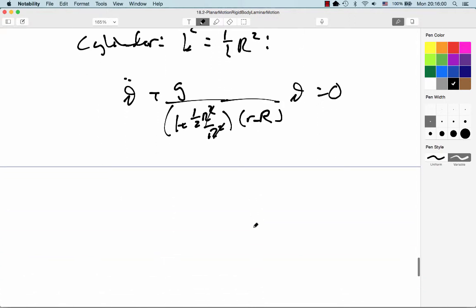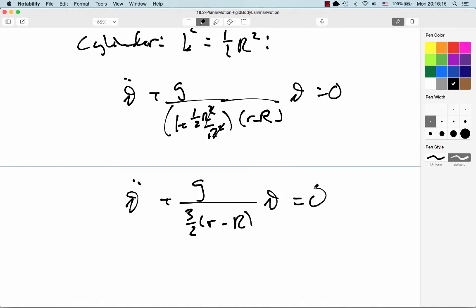Let's clean that up just a bit so we can look at what we're doing. So you get theta double dot plus g over 3/2 (R minus r) times theta equals 0. We look at this and say, hey, that's a pendulum. Specifically, that would be the same motion as a pendulum whose length was 3/2 of R minus r.